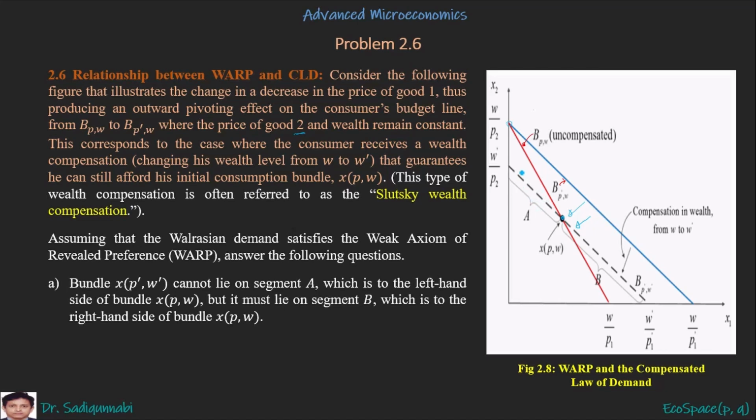This is a segment A of the new budget line, to the left of bundle x(p, w), but it must lie on the B part of the new budget line, to the right of the bundle. This is question A.